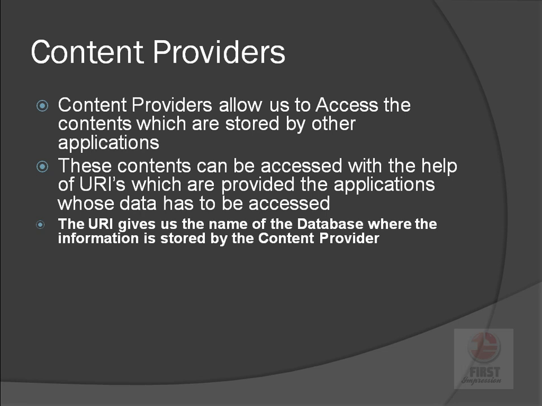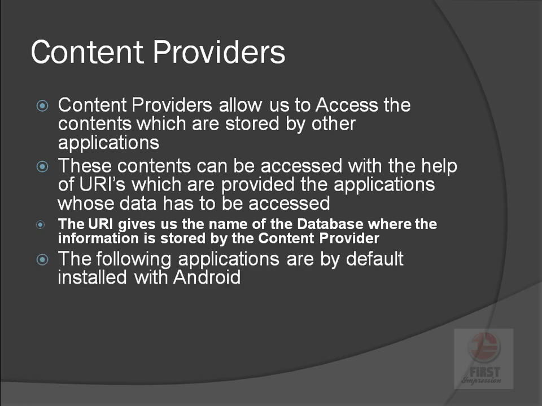For example, in our previous case of SQLite database, the database name was DBF cities. Similarly, the URI will give the name of the database to us. With that database name, we can fetch the records of that content provider.